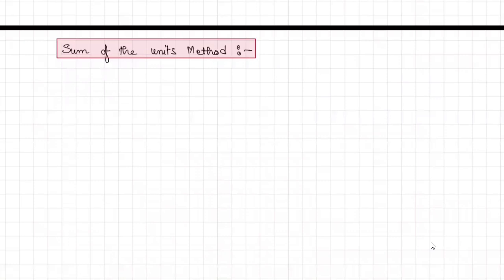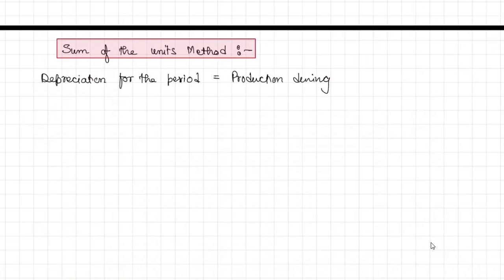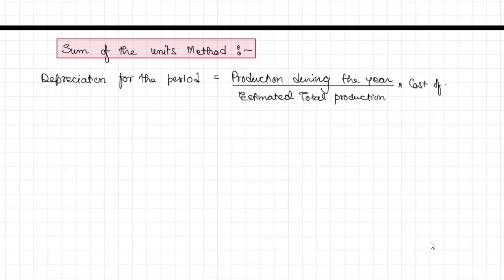It says that depreciation for the period is equal to production during the year divided by estimated total production into cost of asset.